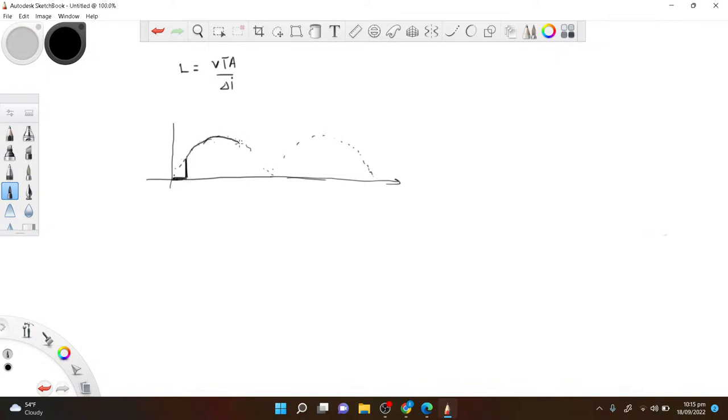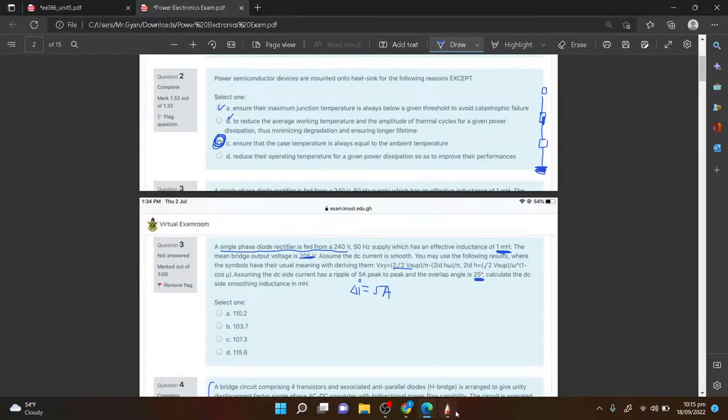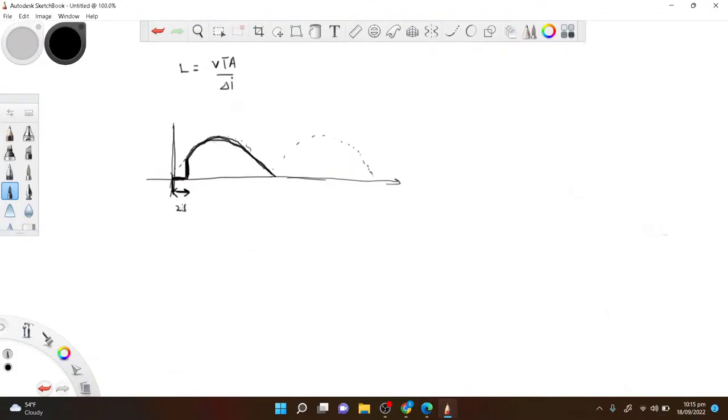So we'll have the voltage looking like this, right? They say to assume the overlap angle, given here to be 25.